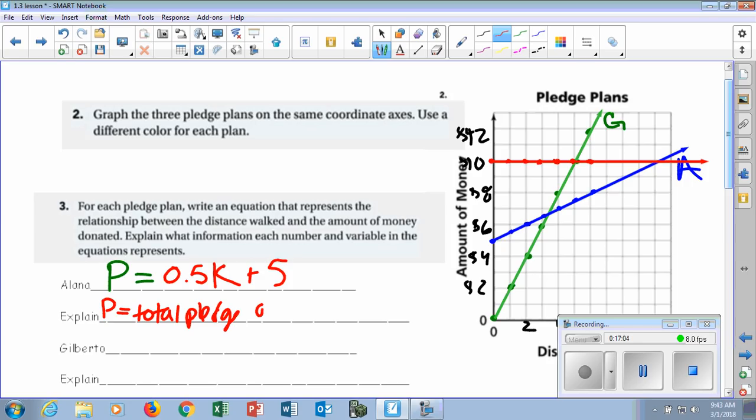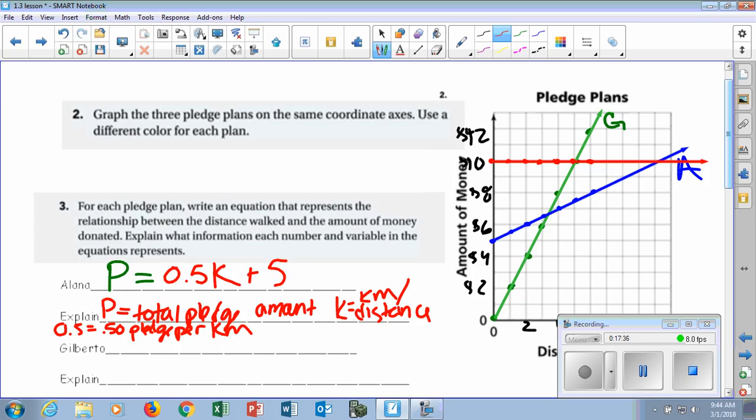total pledge amount. The K equals kilometers, or you can say distance also. Kilometers or distance. The 0.5, I'll write it right underneath it. 0.5 equals the 50 cents pledge per kilometer.